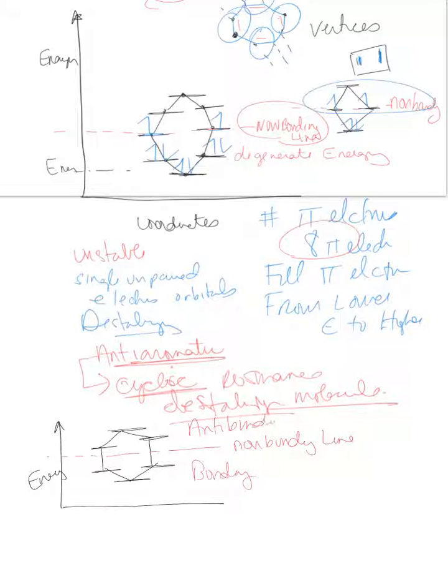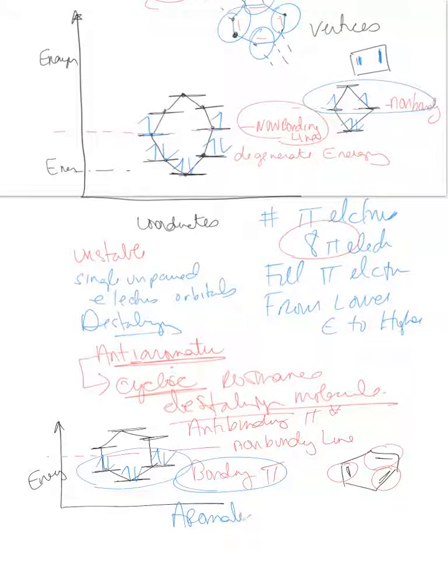You have to have an equal number of bonding and anti-bonding pi orbitals. Benzene has 6 pi electrons. So we fill them up: 1, 2, 3, 4, 5, 6. They're all in the bonding orbitals. So this makes it aromatic, and it is stabilizing.